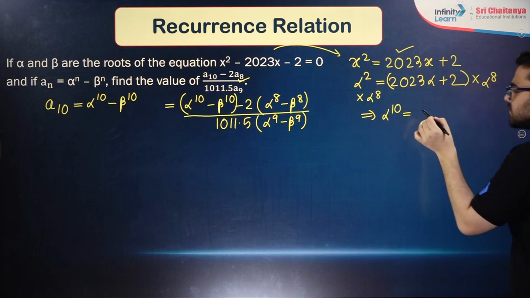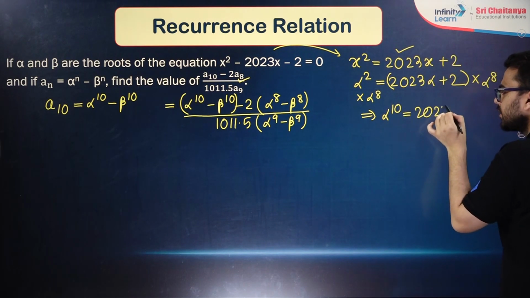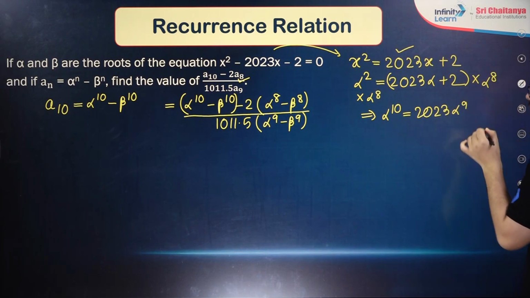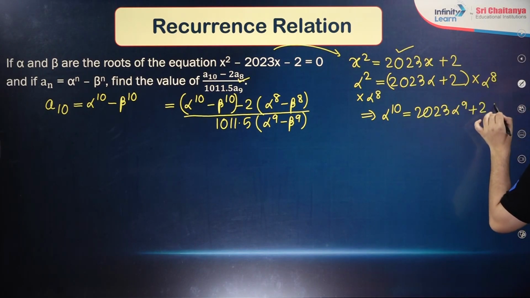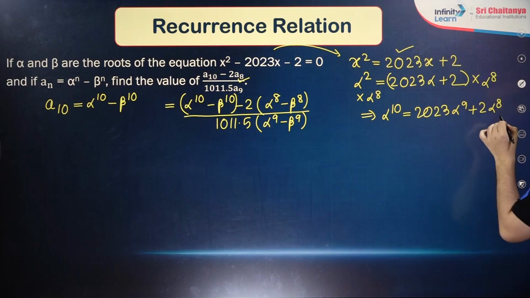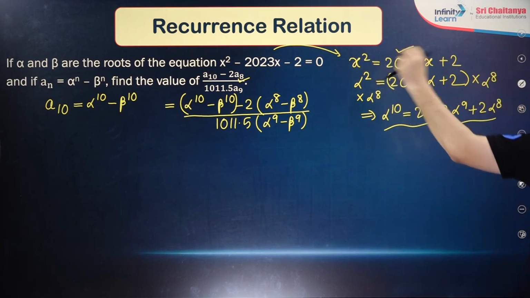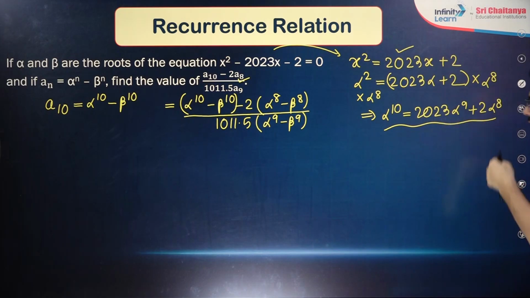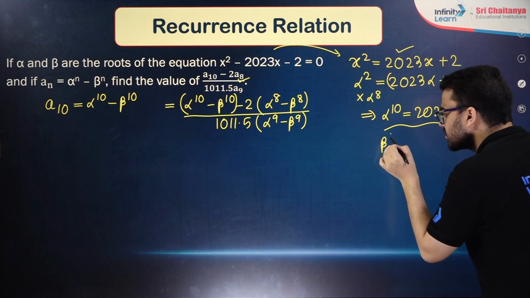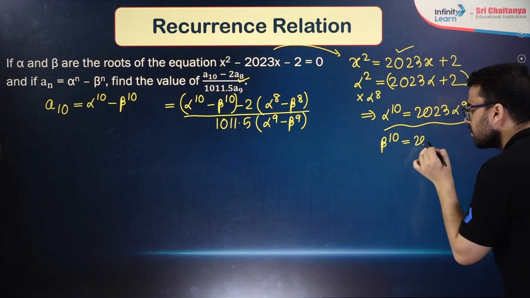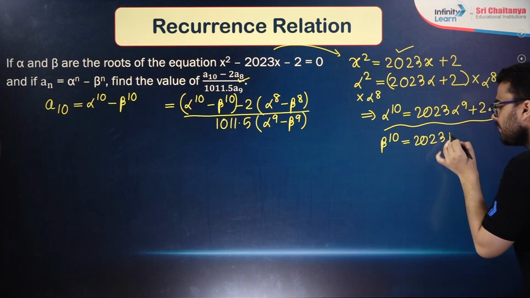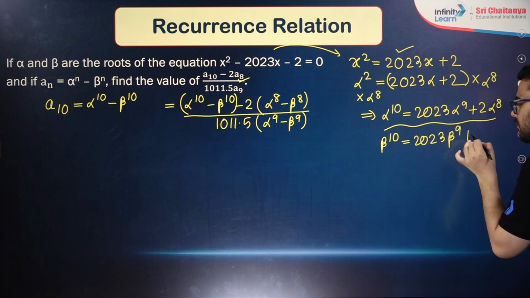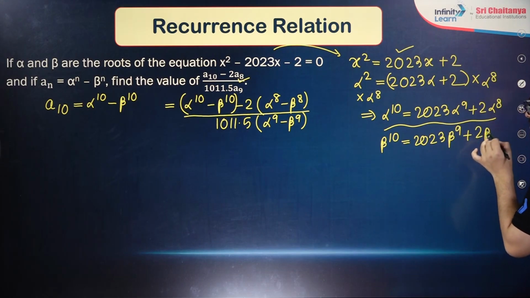And over here, this will give you 2023 alpha raised to the power 9 plus 2 into alpha raised to the power 8. Beta is also a root of this quadratic equation, so beta will have the same logic. So beta raised to the power 10 is also equal to 2023 beta raised to the power 9 plus 2 into beta raised to the power 8.